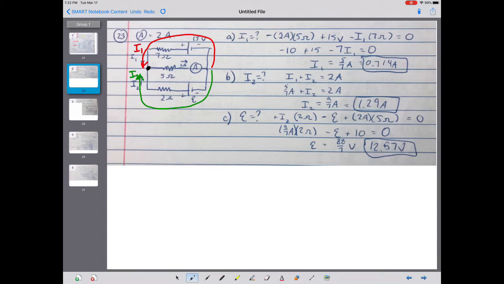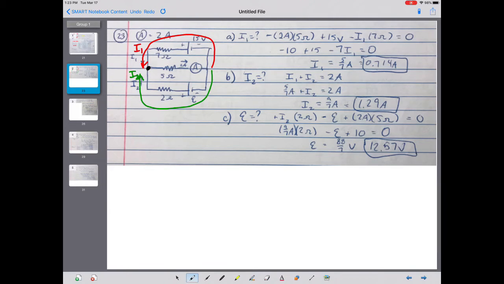Then I go to the junction on the right side in the middle and up following I1, the red current, and I get to the 15 volt battery from negative to positive. That's a positive 15 volts. Moving then through the 7 ohm resistor in the direction of the current, so that's a negative 7 I1. And then do the algebra to solve.